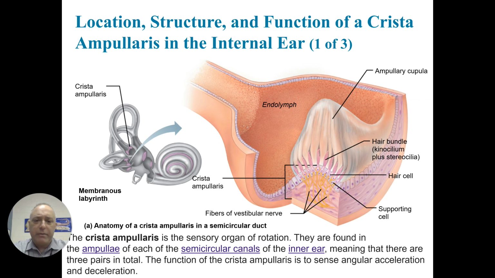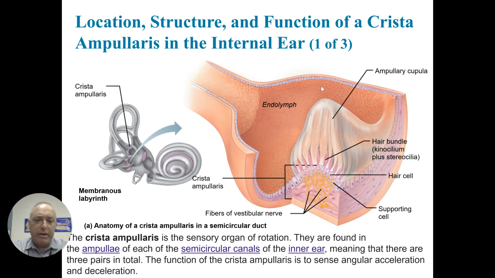Now the crista ampullaris, we talked a little bit about that. The crista ampullaris is the sense organ of rotation. So they're found in the ampullae of the semicircular canals of the inner ear, meaning that there are 3 pairs in total, and they sense angular acceleration and deceleration.